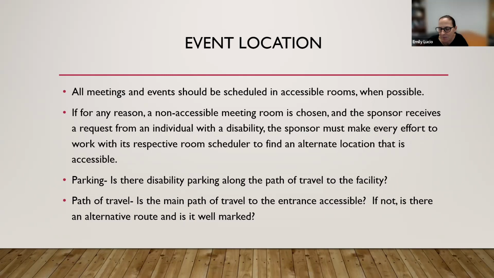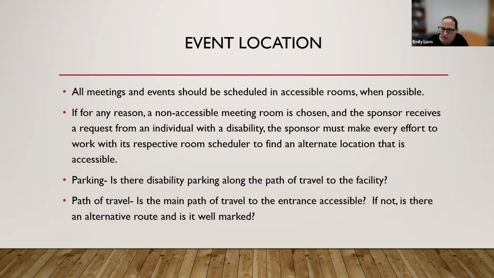And I think it's important to note that you want to just be aware of where accessible rooms are when you're planning your event. It's much easier to schedule a room that's accessible from the beginning than it is to retroactively go back and try and add that later. So if you can do that by default, that's really great.